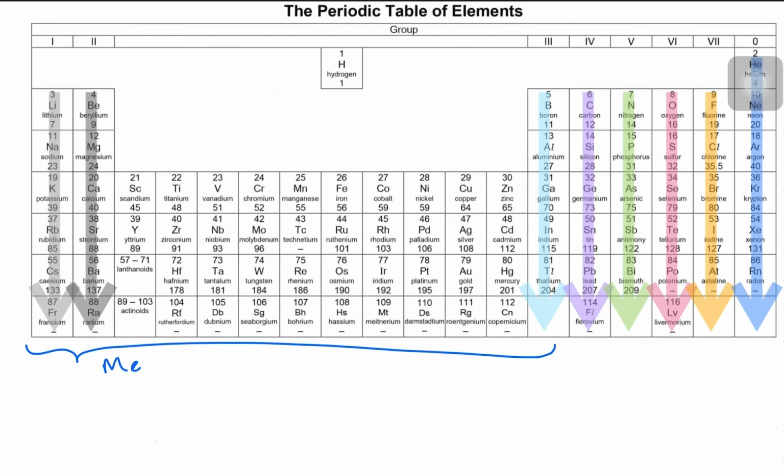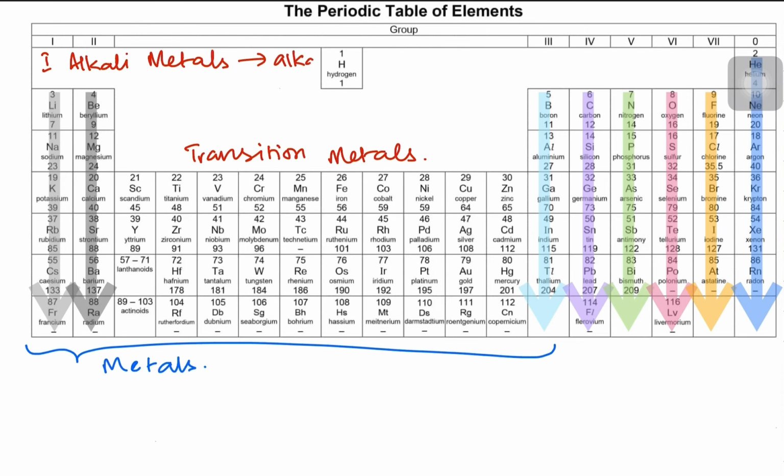Now, another thing about the periodic table is that from group number 1 till group number 3, including the transition elements, that big block in the periodic table after group number 2 is called transition elements. Group number 1 is called alkali metals because they make alkalis.